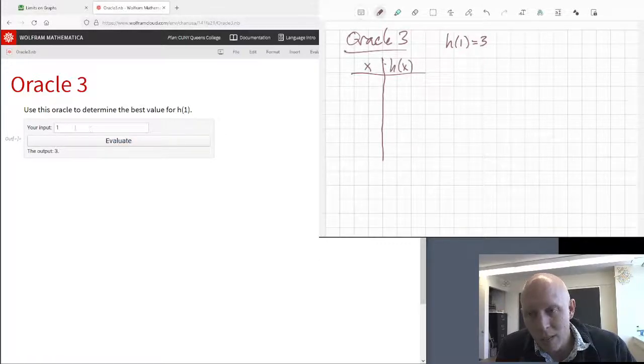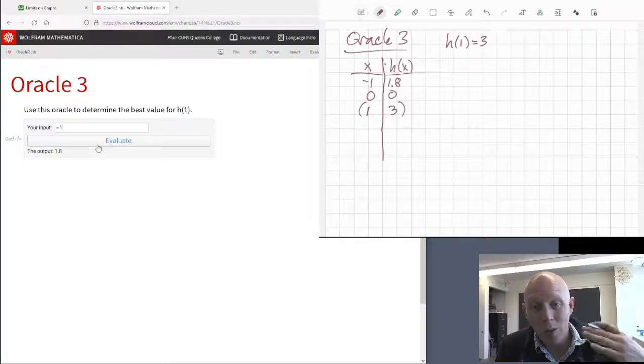So let's plug in some values. 0 gave us 0. Let's plug in negative 1 as well. Negative 1 gave us 1.8, 1 gave us 3, but remember, we don't care exactly what's happening there, we care around it.